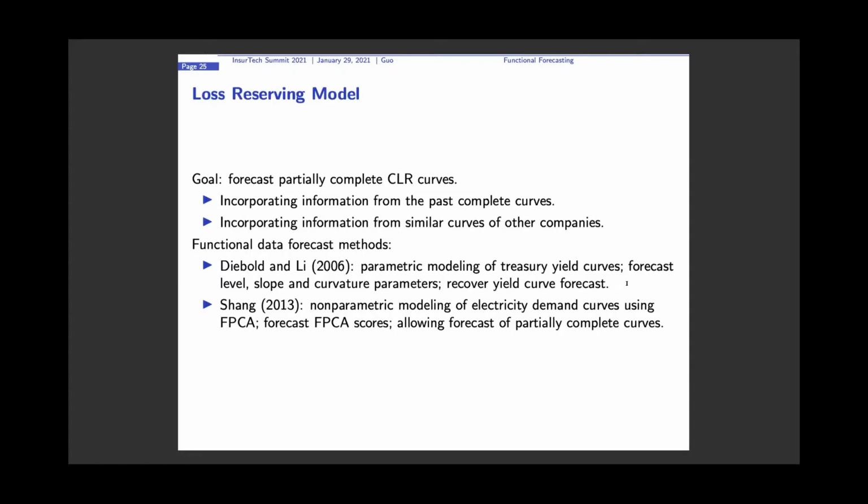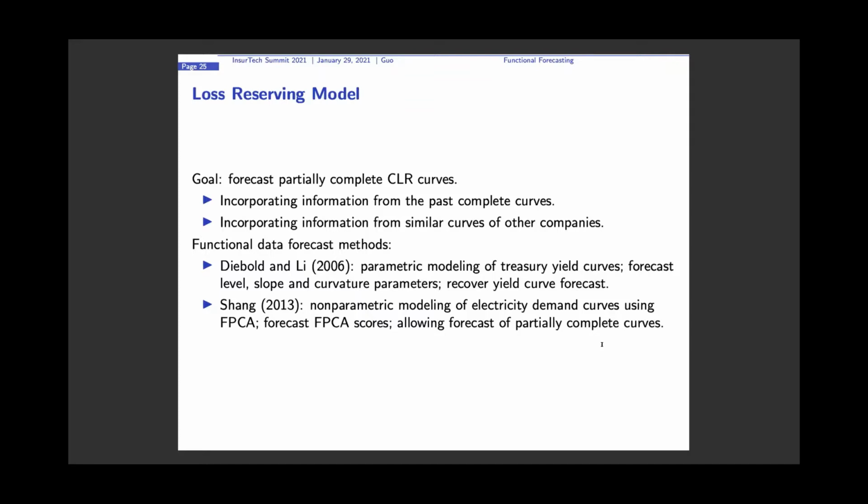And we ask ourselves if we can incorporate information from the past complete curves, which is above the triangles, and if we can incorporate information from the similar curves of the other companies. So we can borrow information, not relying on the information for our own company.